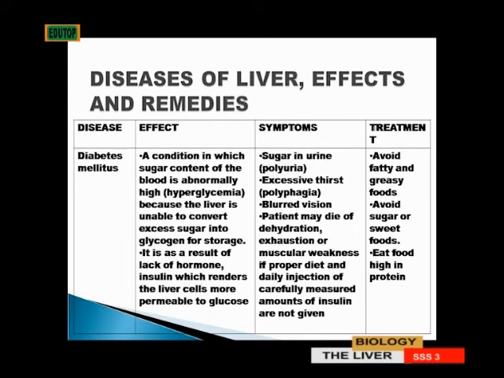That means there is something wrong with the production of insulin. Insulin is not performing its function. Insulin is responsible for converting excess sugar in the blood into glycogen. And this lack of the hormone insulin renders the liver cells more permeable to glucose.